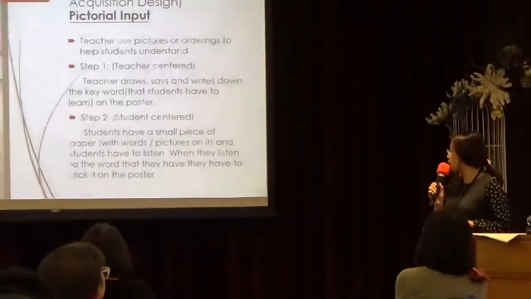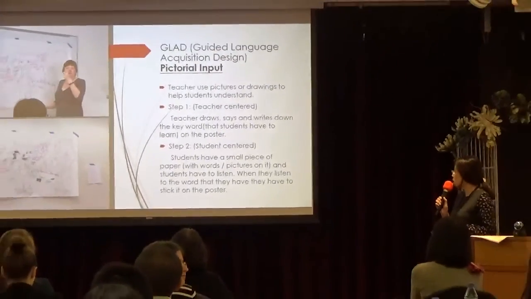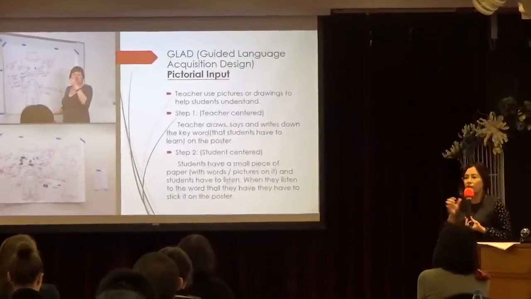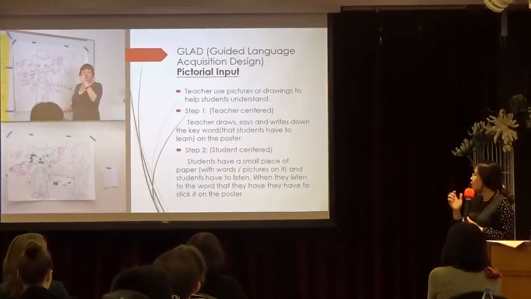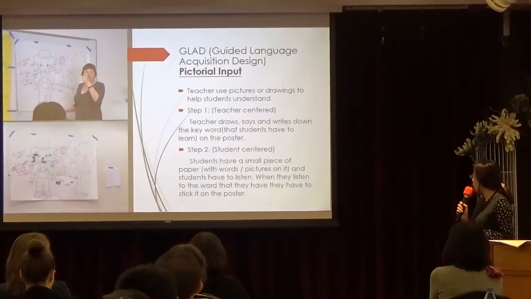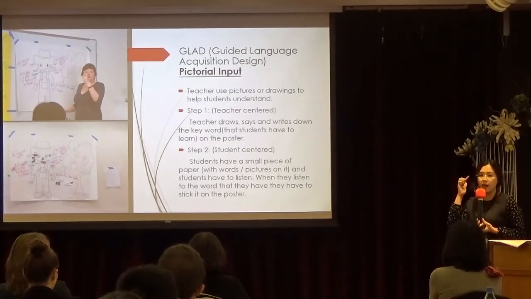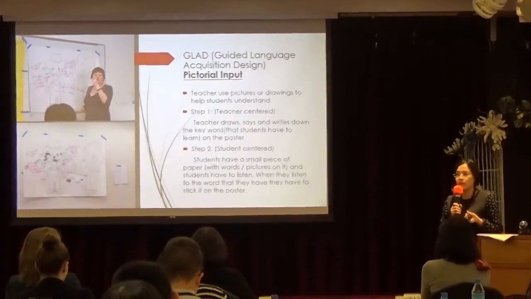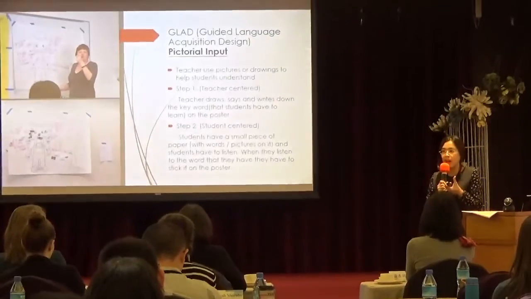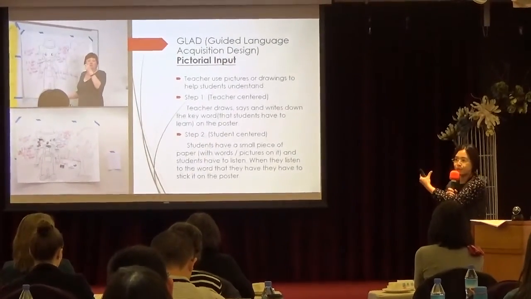And the second stage is student-centered. Students will grab one small piece of paper with keywords on it, and students have to listen to what the teacher talks about, and when they hear the keyword, they have to stick it on the blackboard.